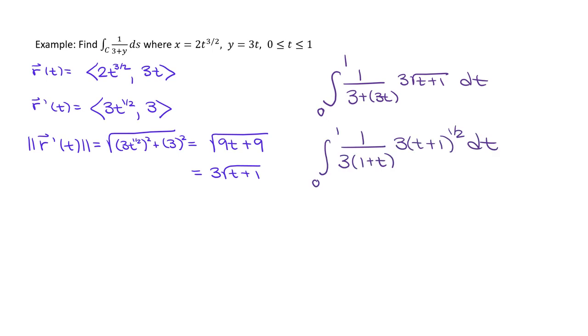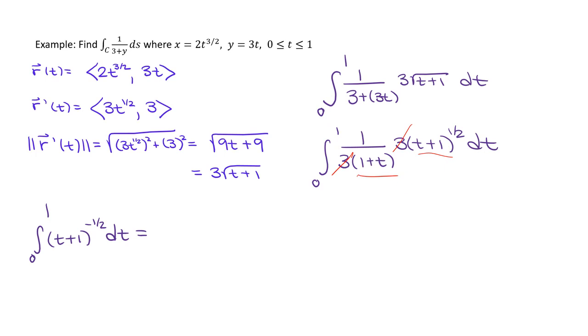All right, I think we should do a little bit of simplification first. I noticed that in this fraction, 1 over 3 plus 3t, I can factor out a 3 and I'm left with 1 plus t. Then we can do some canceling. We can definitely cancel the 3s. And then we can also reduce: we have (t plus 1) to the 1/2 divided by (t plus 1).